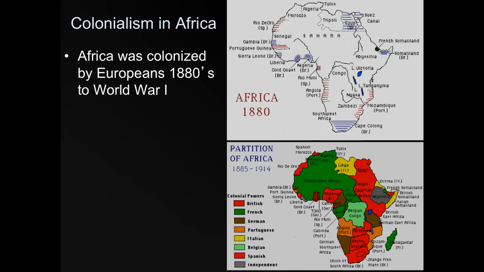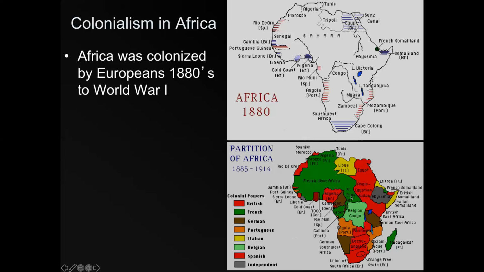Africa. As you can see from this map, in 1880 we have just a few colonies starting. And then by the time we get to 1914, almost the entire continent is colonized. Abyssinia is modern day Ethiopia, and I would say they were semi-colonized in a way, but generally independent.